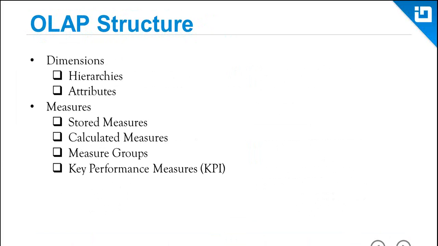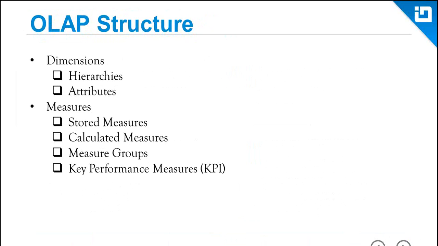So coming back to the OLAP structure, because we have been discussing OLAP for the last half an hour, but how exactly does it do it? The concept all happens through two key things, which are called dimensions and measures. So dimensions are nothing but the entity.